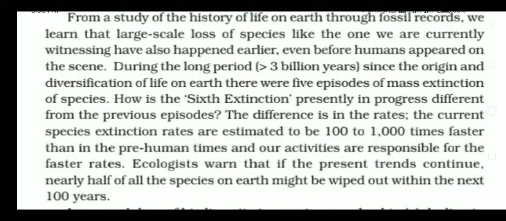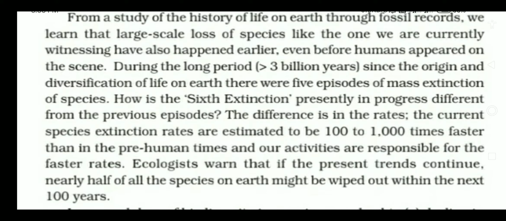If we see today's scenario, a large number of human activities are disturbing our environment, and due to human activity the species extinction rate currently is estimated to be 100 to 1000 times faster than earlier. So the sixth extinction means the extinction of species due to human activity.